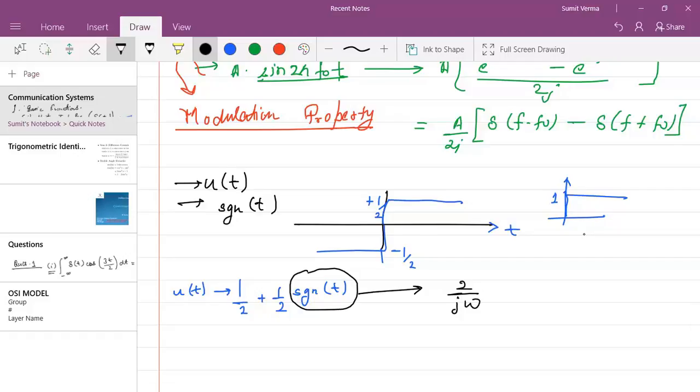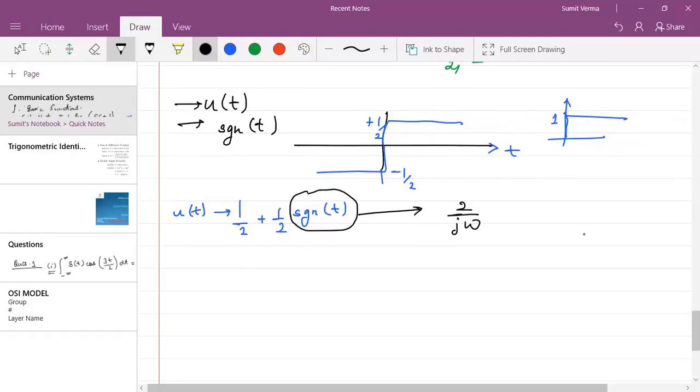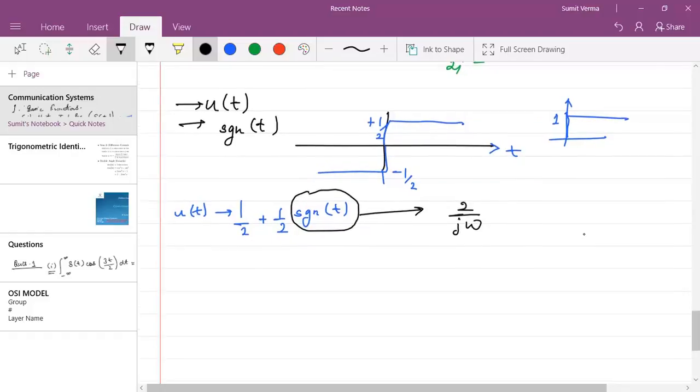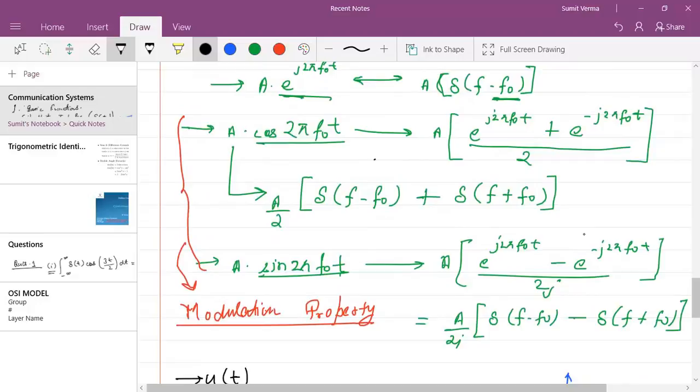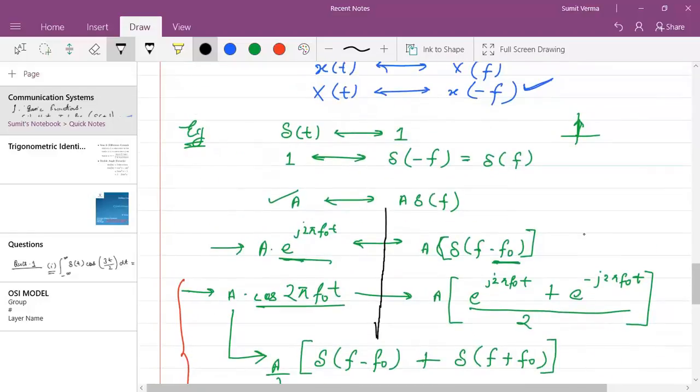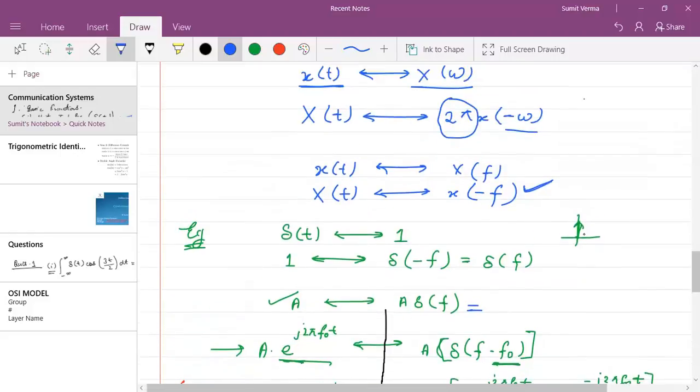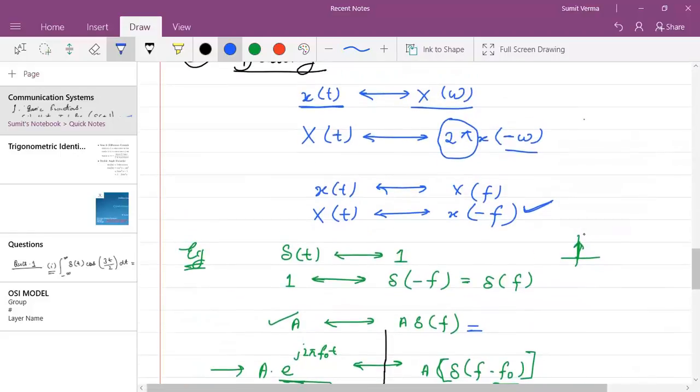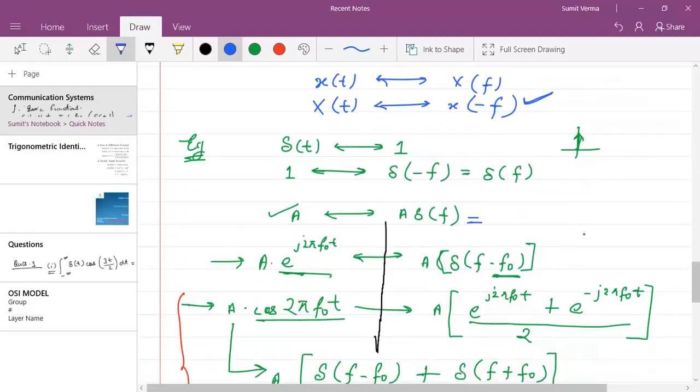Above we saw how to get the Fourier transform of a constant using the duality property, that is a into del of f. I can also write it in the omega domain. As you remember, in the omega domain we had an extra multiplication factor of 2 pi, so it would be written as 2 pi into a del of omega.